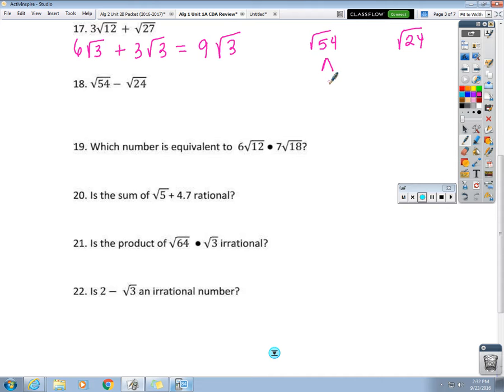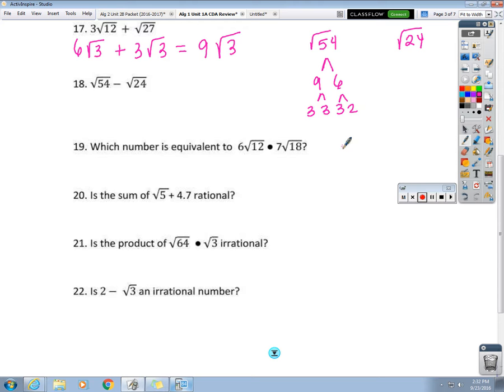So Chloe, what numbers multiply to give 54? Well, it's an even number, so divide it by 2. Okay, 9 and 6. What multiplies to get 9? And then what multiplies to get 6?